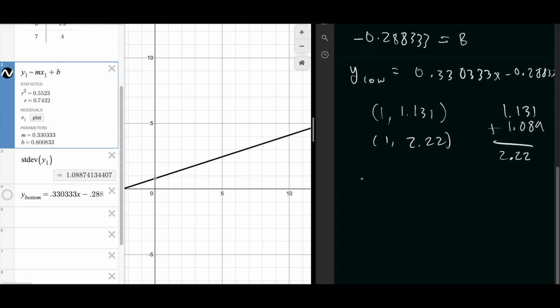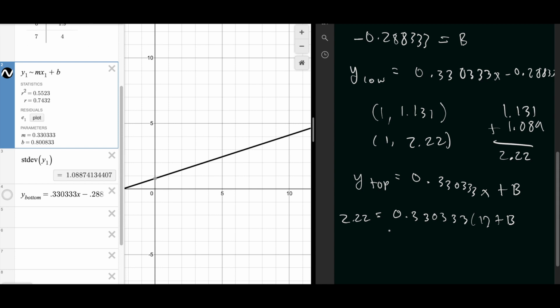So we'll do the same thing. So y top is equal to the slope. So it has the same slope as the line of best fit. So 0.330333x plus b. We plug in the same value. So y is equal to 2.22 and x is equal to 1 plus b.